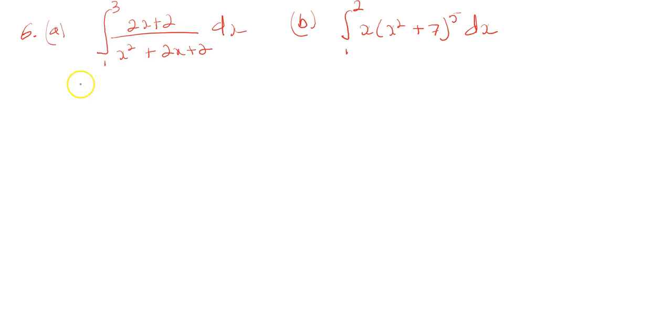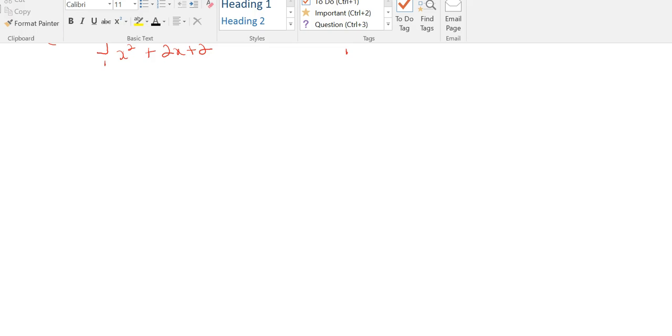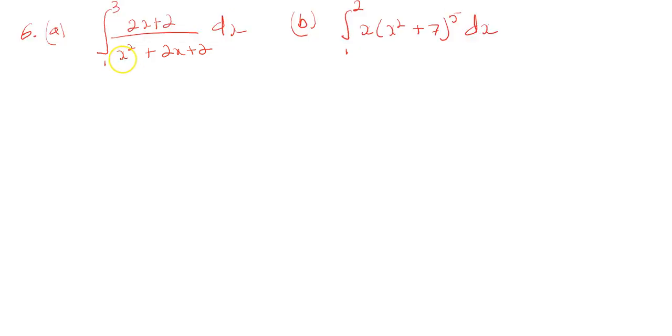In the first one, if you notice here, we have x^2 + 2x + 2. One rule was to look for the function with the higher order. Here, the power of 2 is an order greater than the exponent of x in the numerator, so we have to work with this.